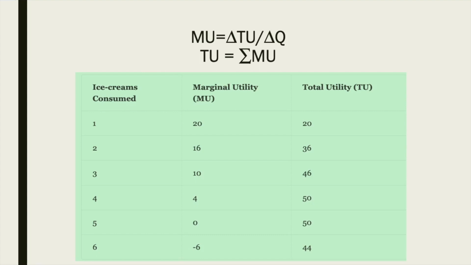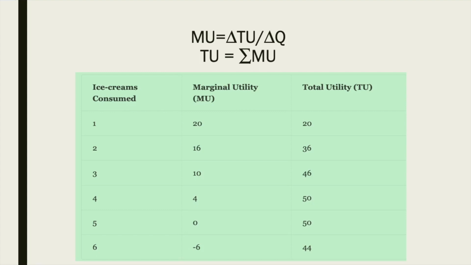But if the delta Q is more than 1, the marginal utility can be calculated as the change in total utility divided by the change in the number of units consumed, which is delta TU divided by delta Q. Here, delta Q is 1 as the number of ice creams consumed keeps increasing by 1 unit.